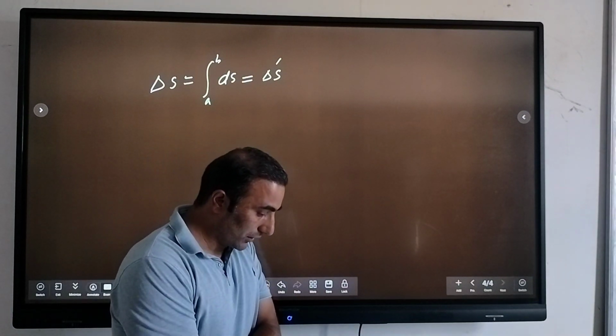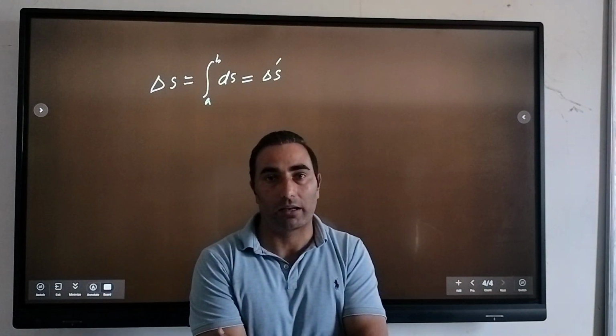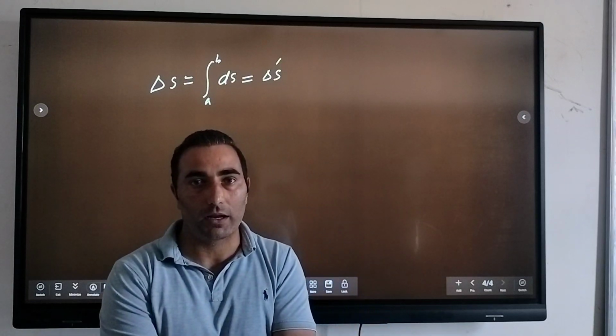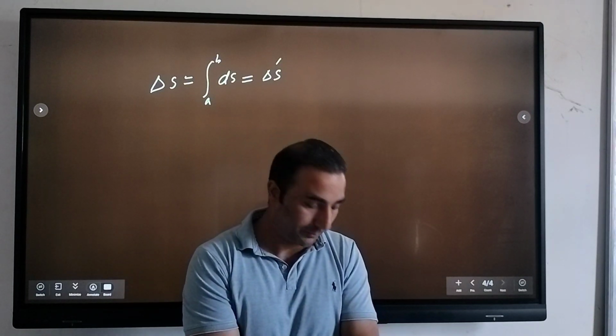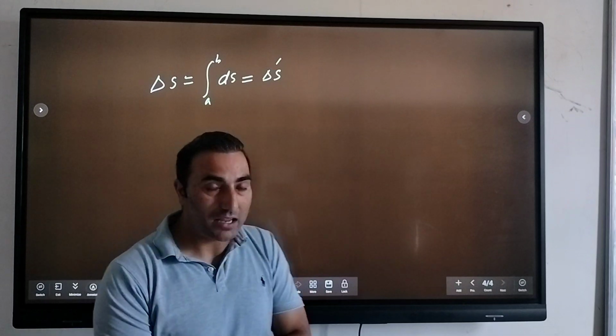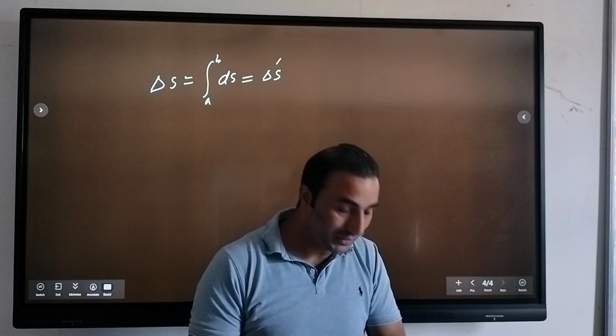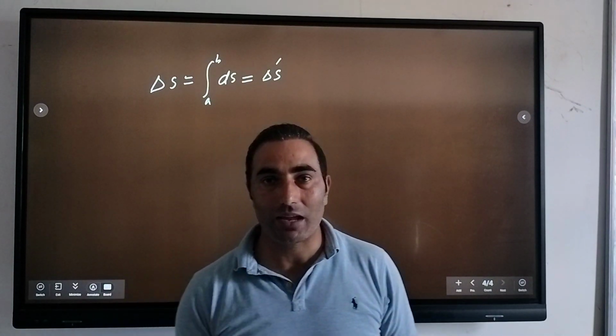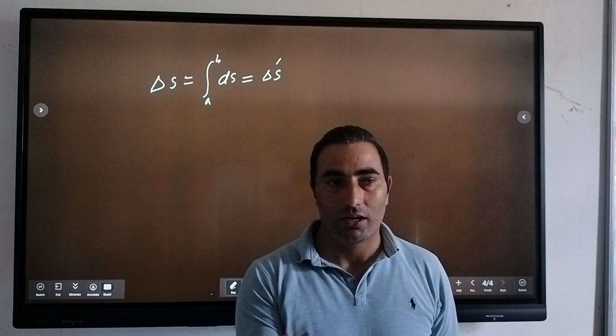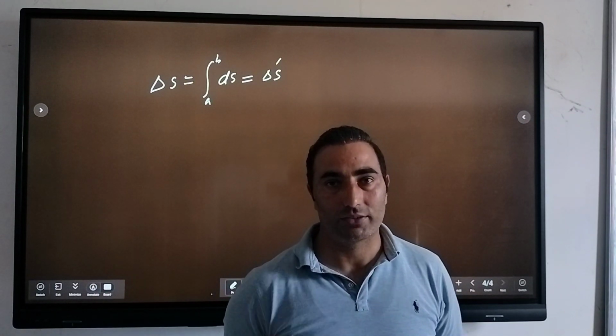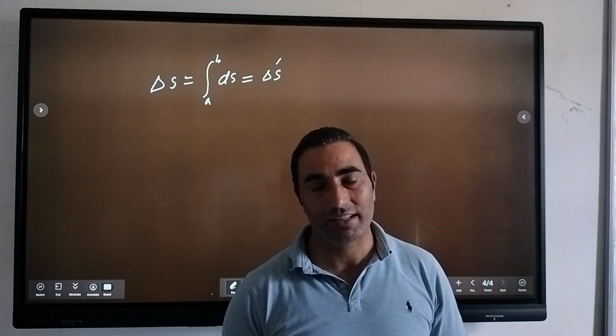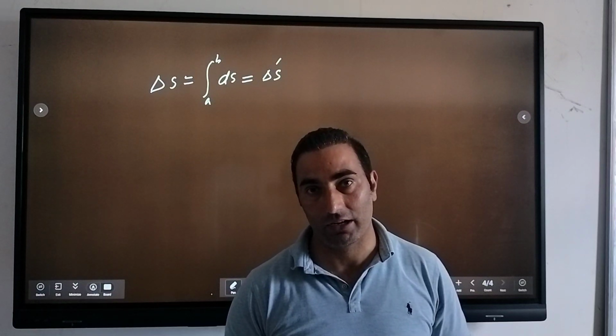Now, if you talk about this in Newtonian mechanics, we are saying that the time interval is an invariant quantity. The time interval means the time between the two points, from point A to point B. So that means the time interval remains invariant.